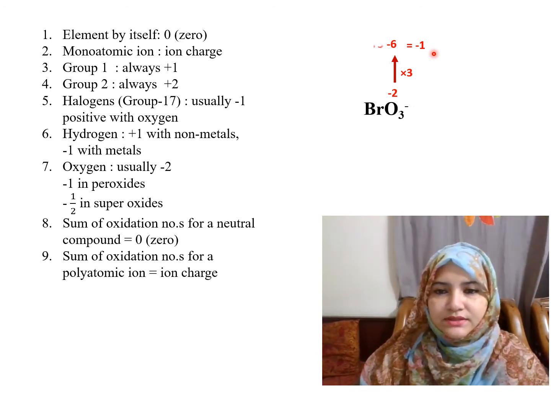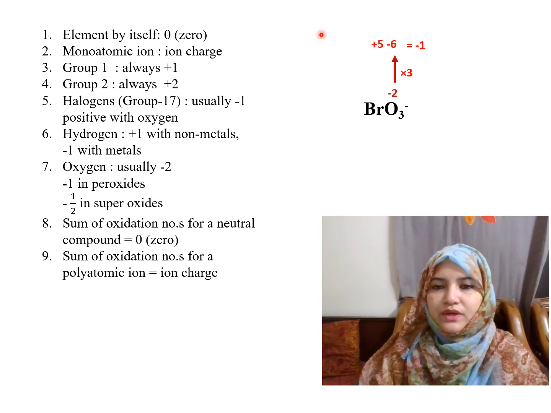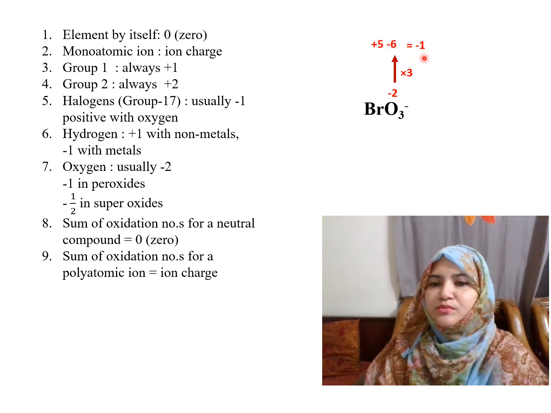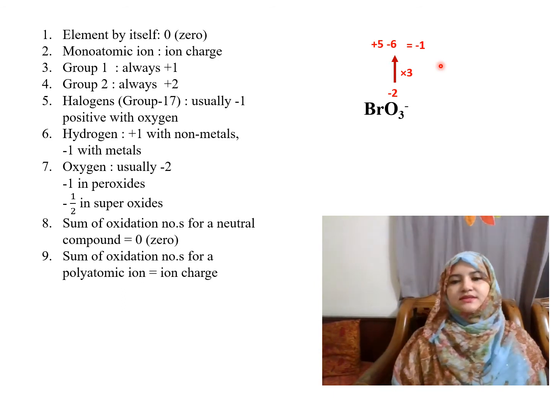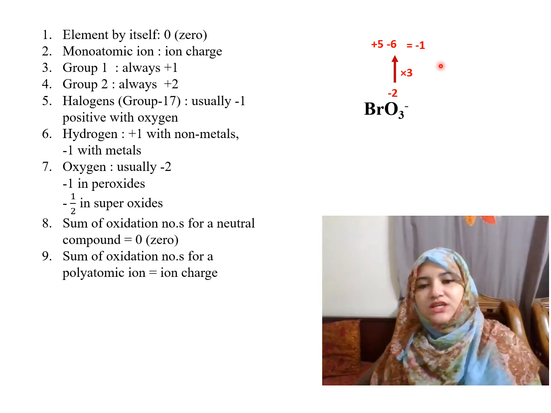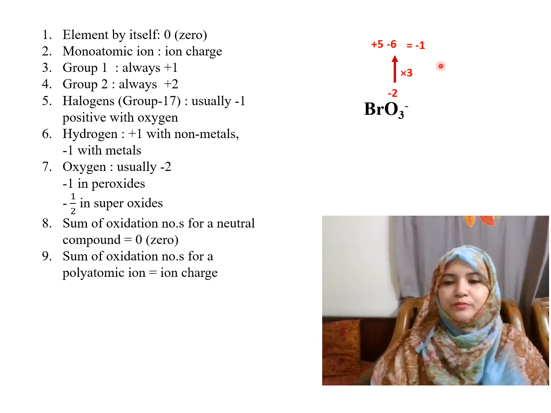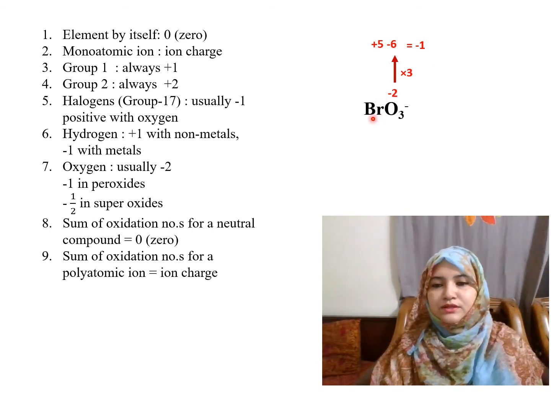This number is plus 5. Plus 5 minus 6 is equal to minus 1. So we can say easily the oxidation state of bromine here in bromate ion is plus 5.